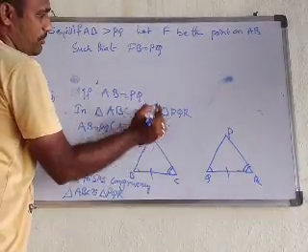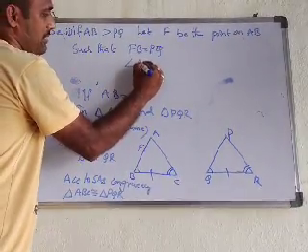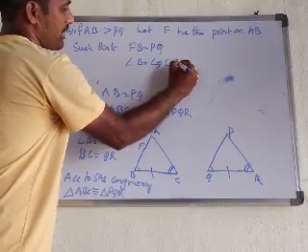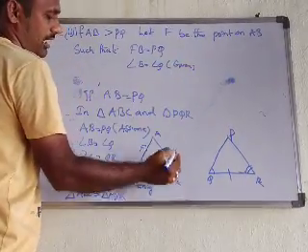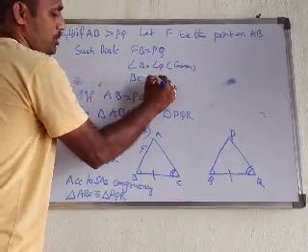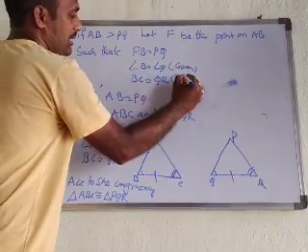FB is equal to PQ, angle B is equal to angle Q, which is given in the question, and BC is equal to QR, which is also given.